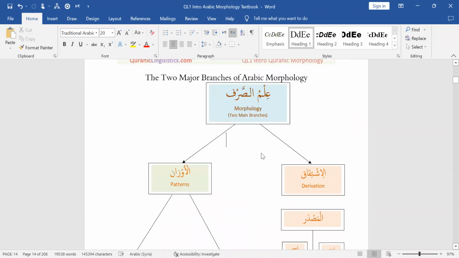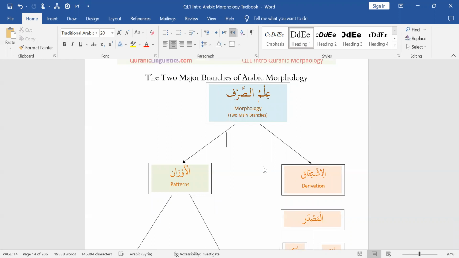So this is an overview, a bird's eye view of morphology. Ilm al-sarf, two main branches of morphology. Arabic morphology deals with nouns and verbs only. Al-asma wal-af'al faqat. Only nouns and verbs are studied in Arabic morphology. We don't study harf or huruf, like the harf al-jar or harf al-nafi or harf al-ataf, the prepositions, the conjunctions, and the negation.